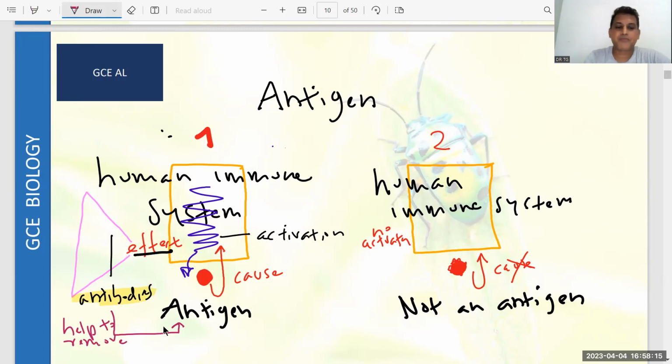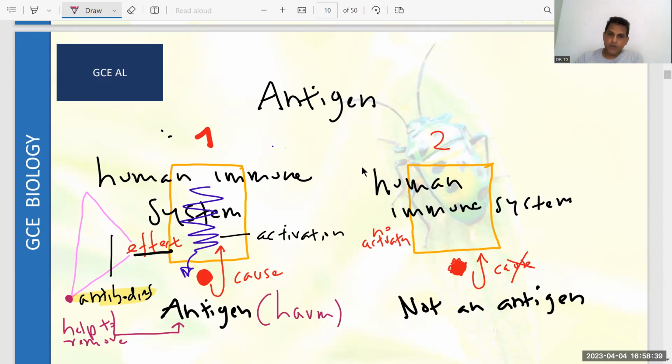So antigen could be harmful, and this harmful effect is removed. Out of several components, antibody is one component which is going to remove this antigen.